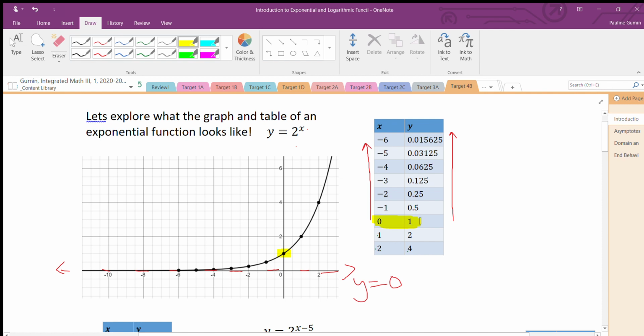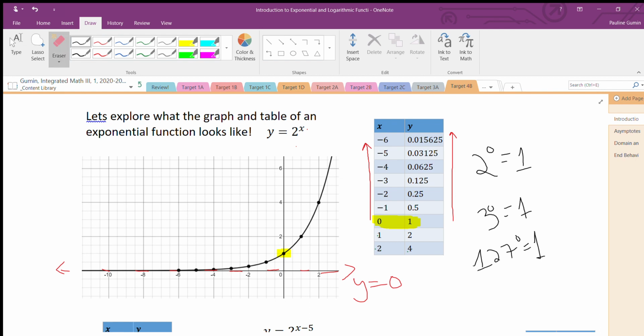When it moves left and right, my x's change. But we're still going to be looking at this point. And just to show you why this point is important, 2 to the power of 0 is 1. 3 to the power of 0 is 1. Literally anything to the power of 0 is 1, which is why this y-intercept is such an important point.